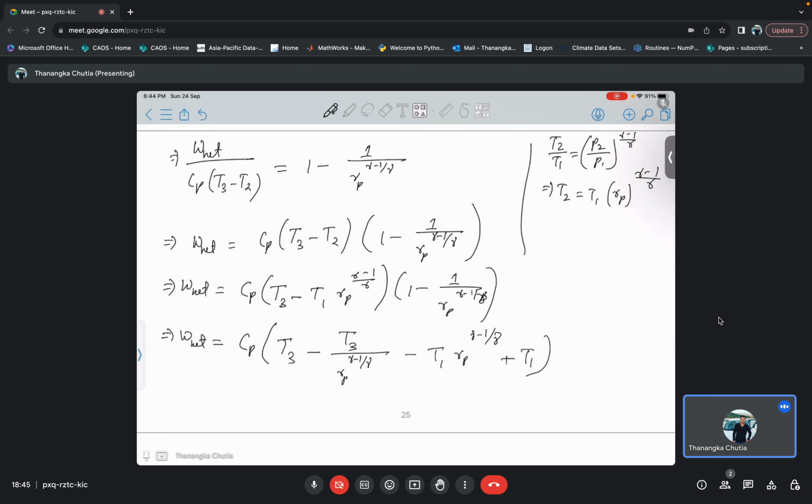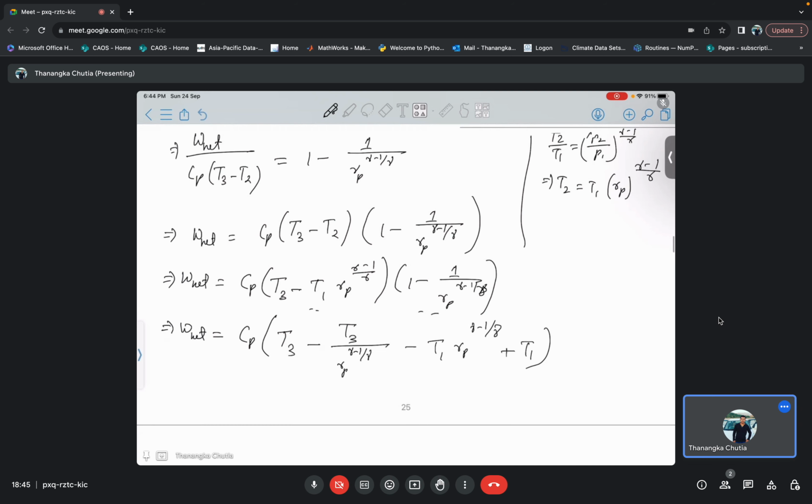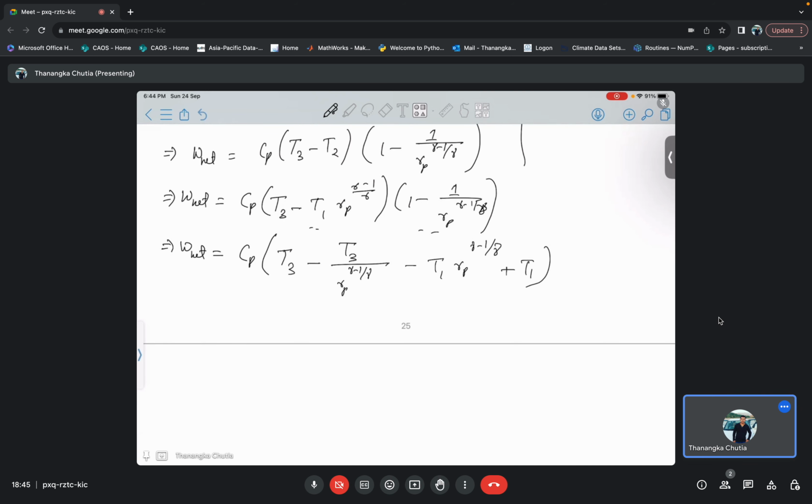I have just multiplied these two terms. Now for the same maximum and minimum temperature, that means if these two are constant, W net is nothing but a function of rp.